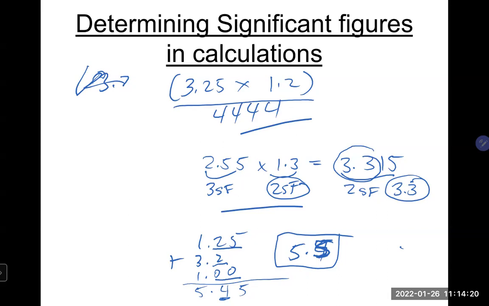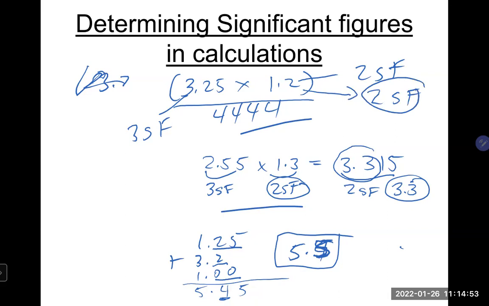If we're doing some type of complicated calculation, typically we would do what's in the parentheses first, which means we're multiplying in the parentheses. So multiplying, we should look at significant figures. This one has 3 significant figures. This one has 2 significant figures, which means the answer for the top part should end up with 2 significant figures. Yes, sir.